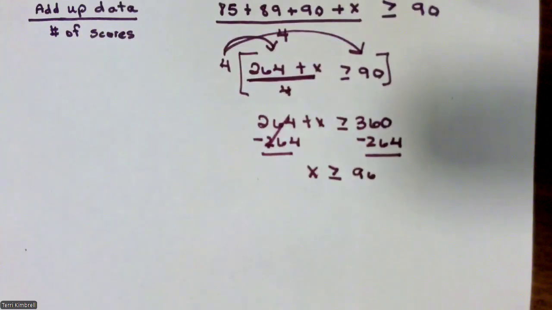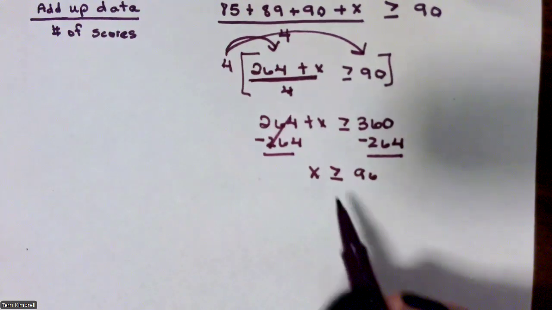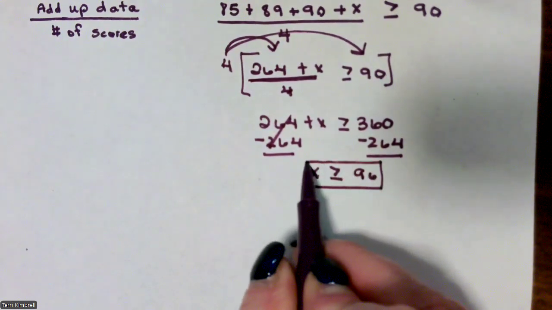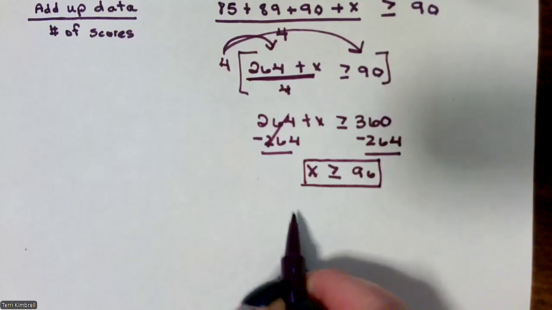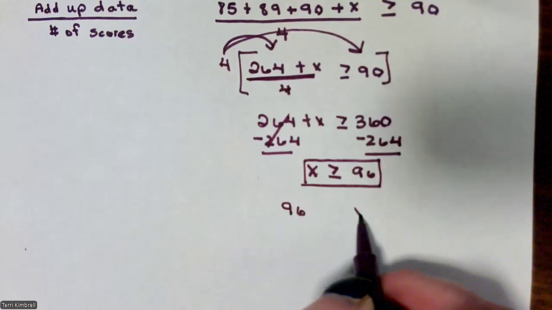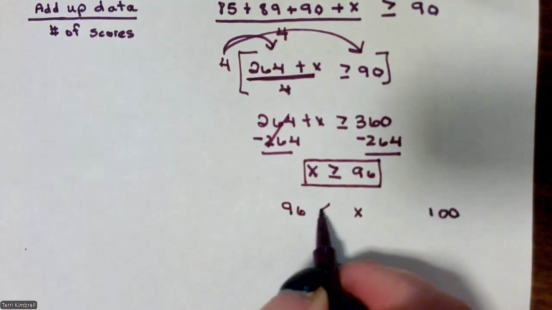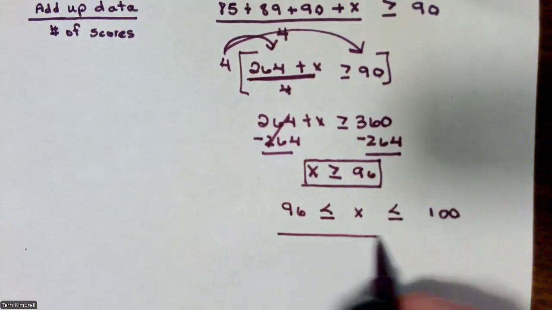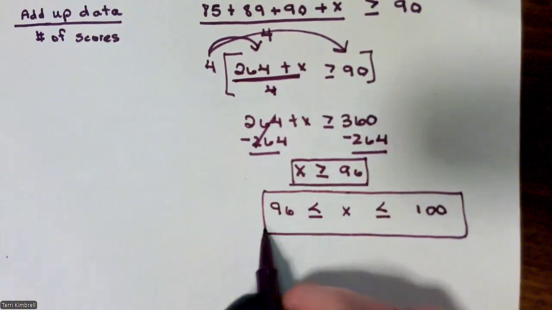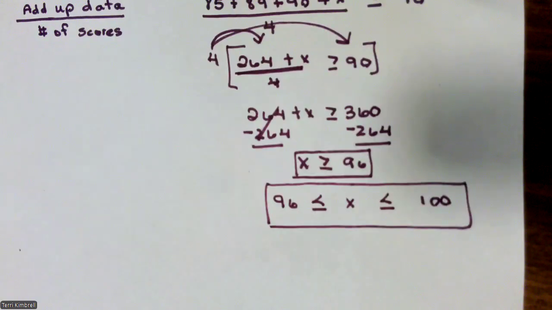So she would have to make a 96 or above. So if the exam went up to 100, she would need to make somewhere in between 96 and 100. And if the professor gave extra credit, of course, she could make over and still get that.